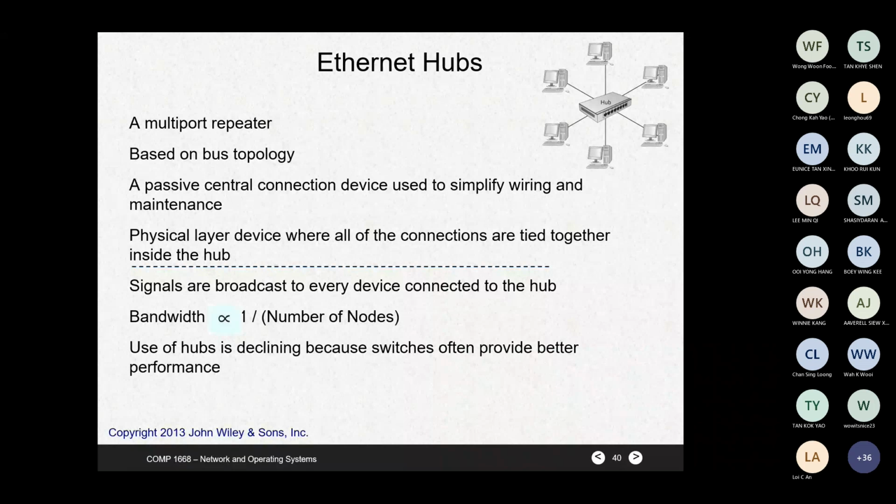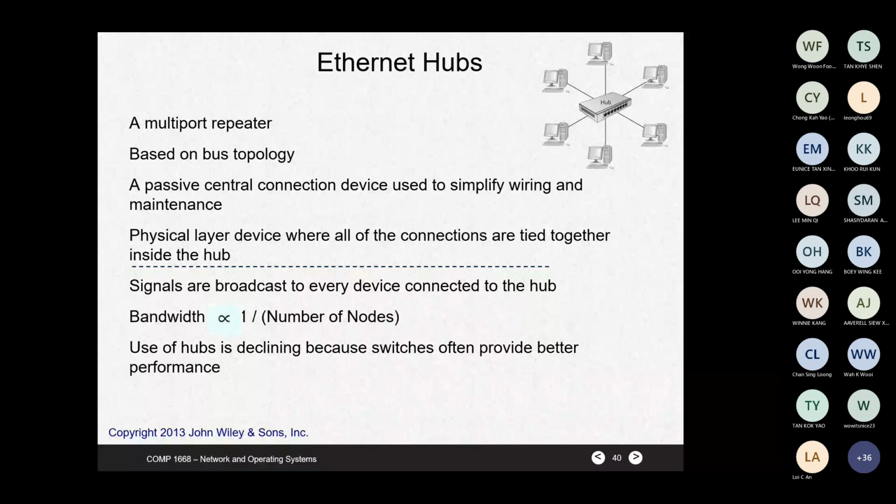You just plug into the power, turn it on, and you can start using it. It's pre-configured. Whereas on the other side, active devices allow you to configure, to program, to change, to do settings. That is active.